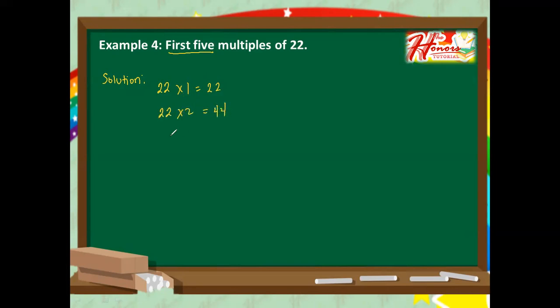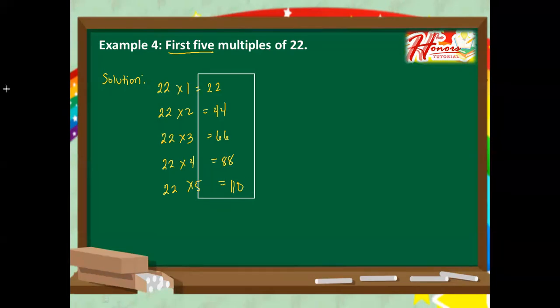That's 44. 22 times 3. That is 66. 22 times 4. That is 88. And 22 times 5. What is 22 times 5? That is 110. So this is our answer.